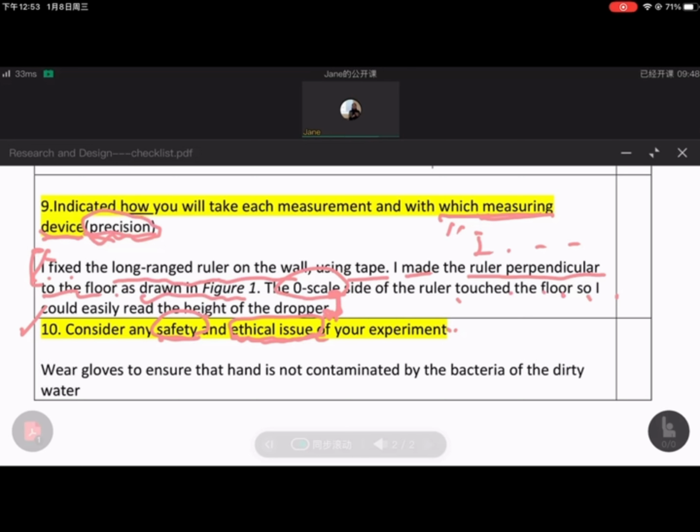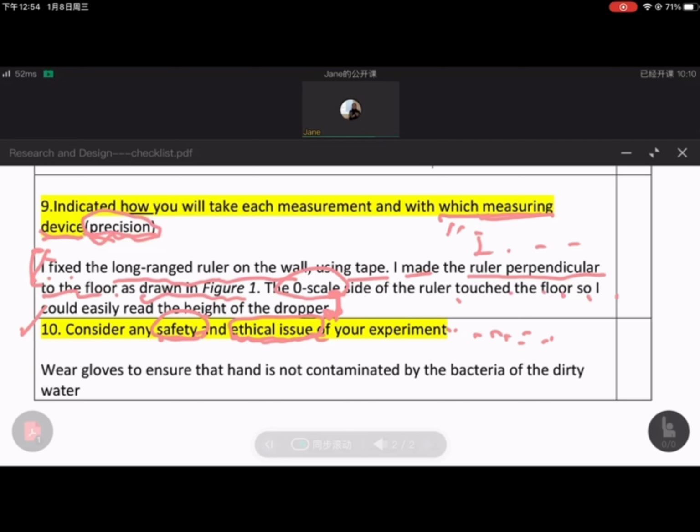Okay, even though there is nothing harmful or it is very safe, at least you can say you try to avoid disruptions to others or clean up any possible disposal, okay, and so on.